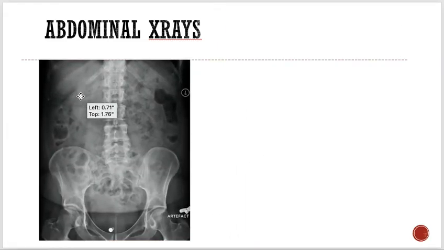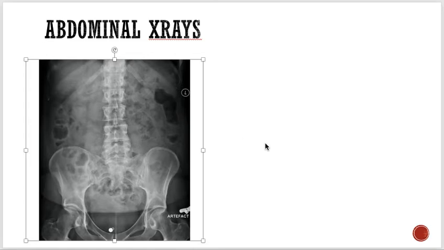So see, this is an abdominal X-ray, right? Okay, abdominal X-ray doesn't have that much importance as a chest X-ray, or you can say we have limited value in diagnosing than the chest X-ray.